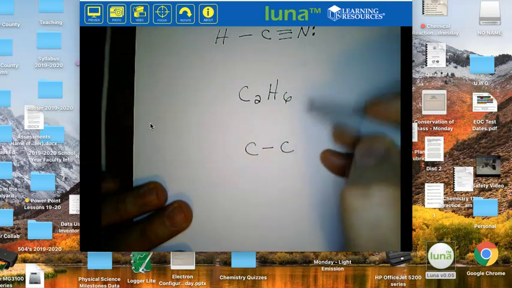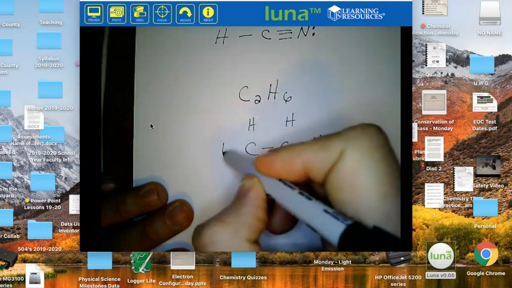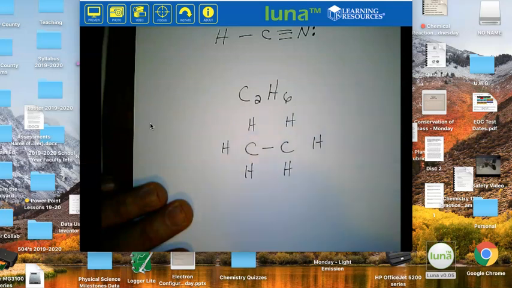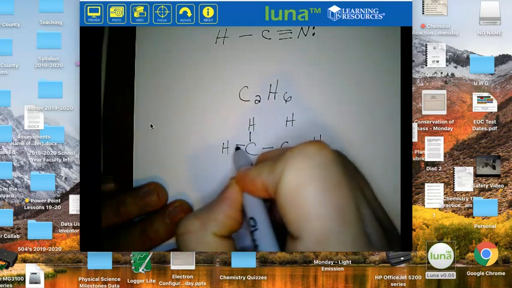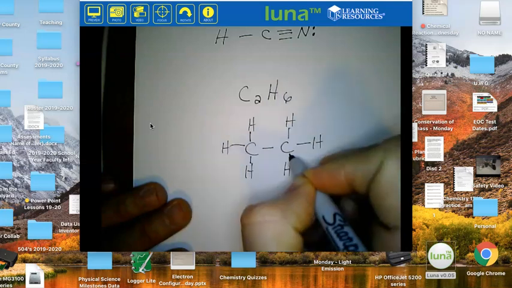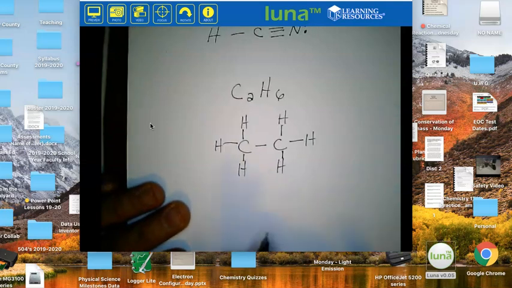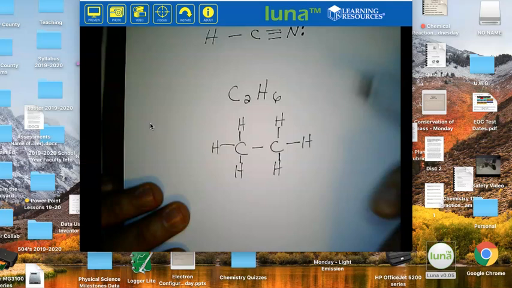And then you have these hydrogen atoms around it. Here I need 6 hydrogen atoms around it. So I'm going to make my structural formula. We said with our structural formula, we need to attach each atom with a single covalent bond that looks something like that.